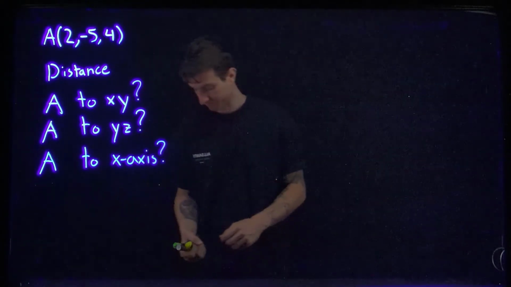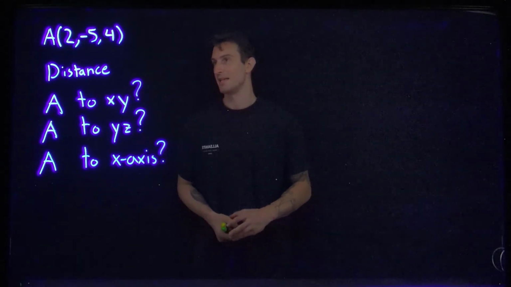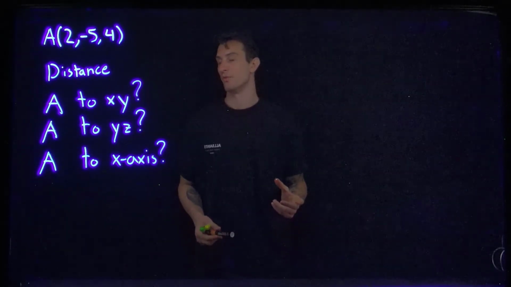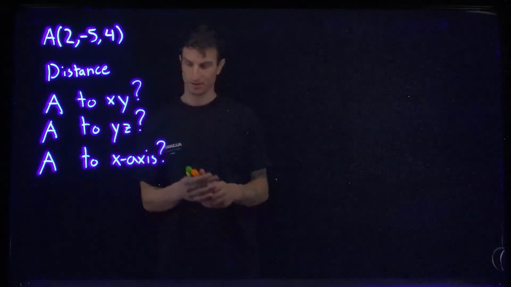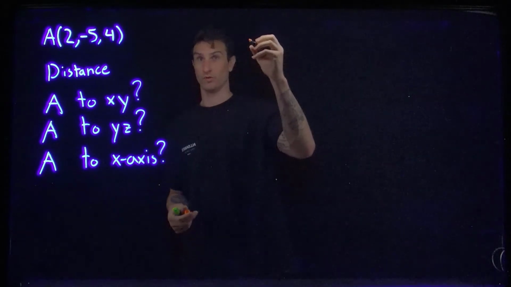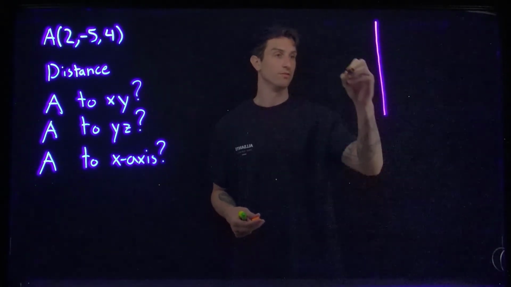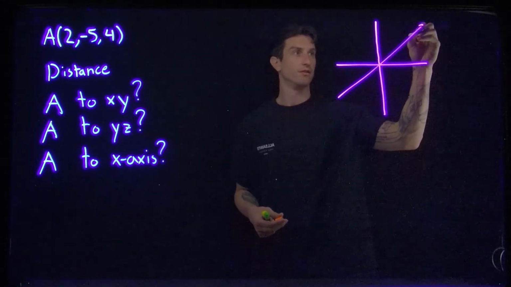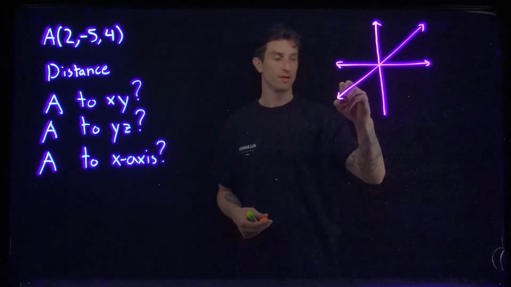So, right, let's think for a second. A to the xy plane. How do I take the distance from a point to a plane? Well, if you drew this, let's go ahead and draw this. We'll do our best attempt at drawing. We at least want to get one visual here. It's kind of hard to plot points in 3 dimensions.